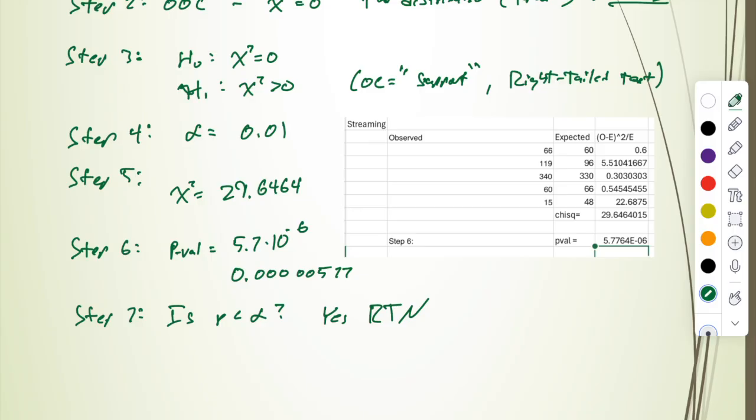All right, so what this means is that the chances of me asking 600 people their streaming service, getting the number of streaming services from 600 people and getting a distribution like the one that I got right here is like 1 in a million, okay?